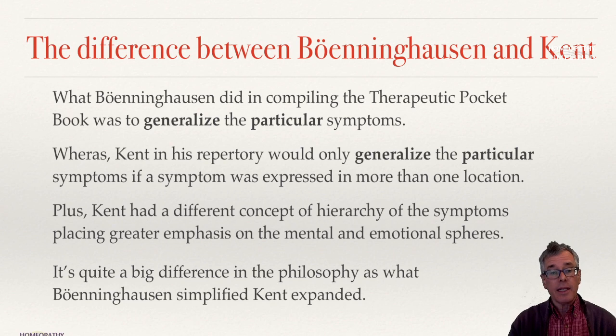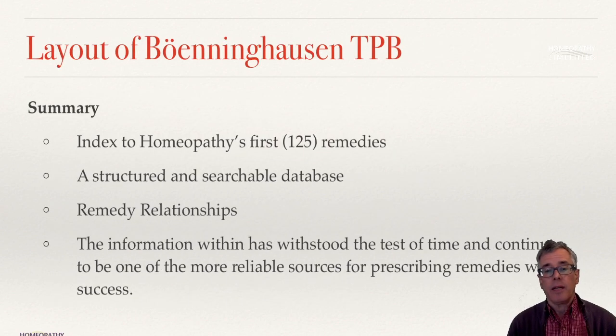But I think this next case will show you an example of how it's very useful to sometimes generalize the particular symptoms. So anyway, we go to the layout of Boenninghausen's therapeutic pocketbook.